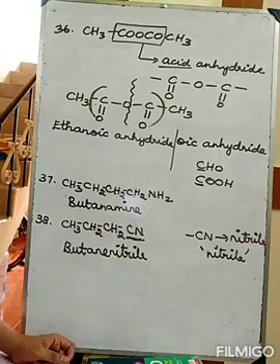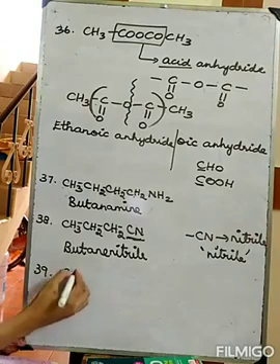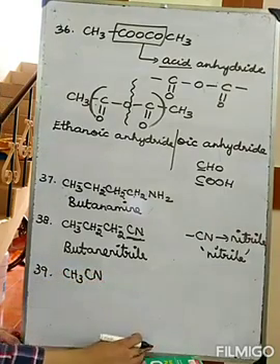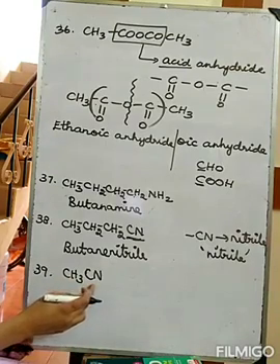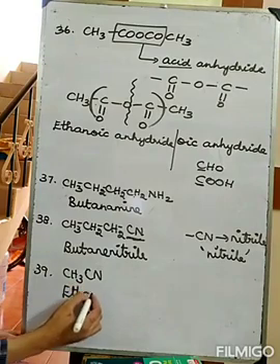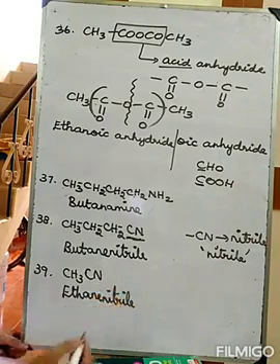What is the name of this compound? Butane nitrile. So what will be the name of this compound? CH3CN. 2 carbons means it is ethane nitrile. Ethane nitrile. Okay.